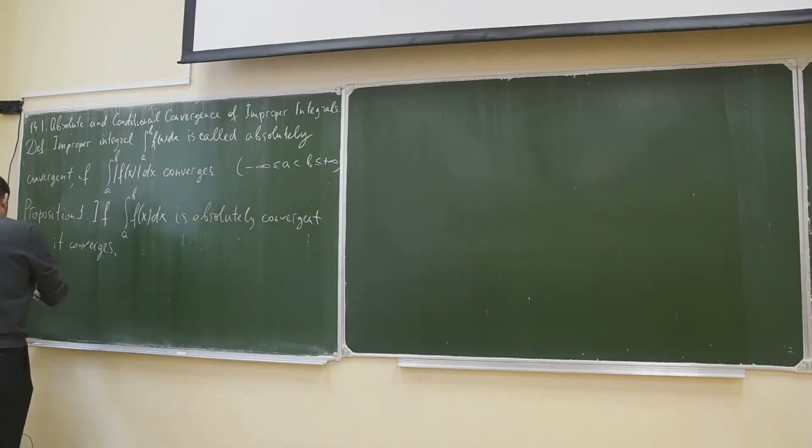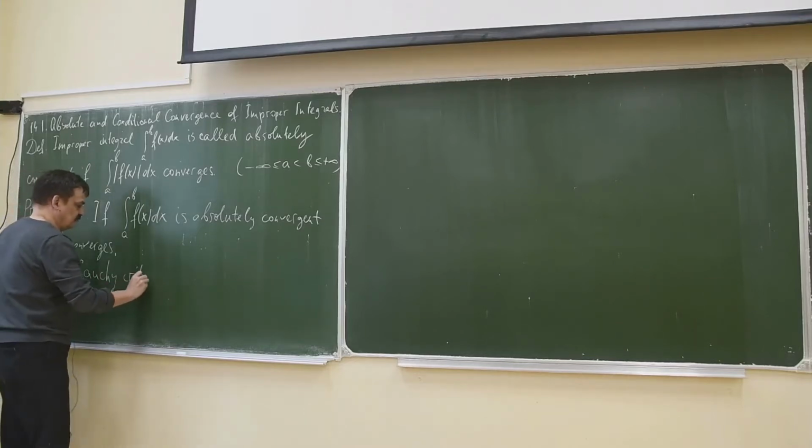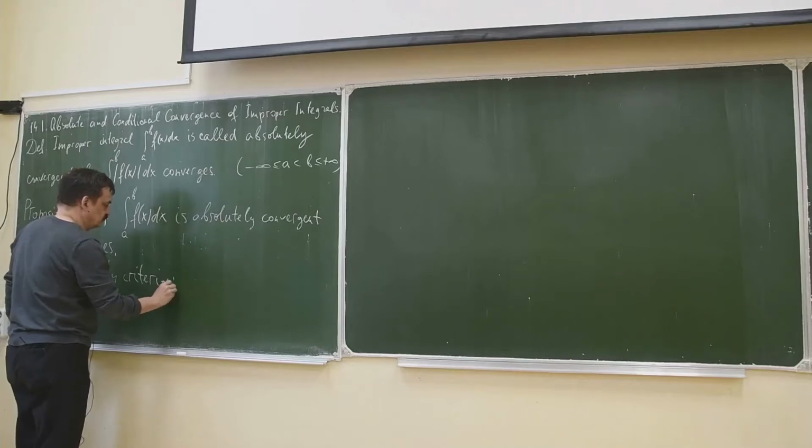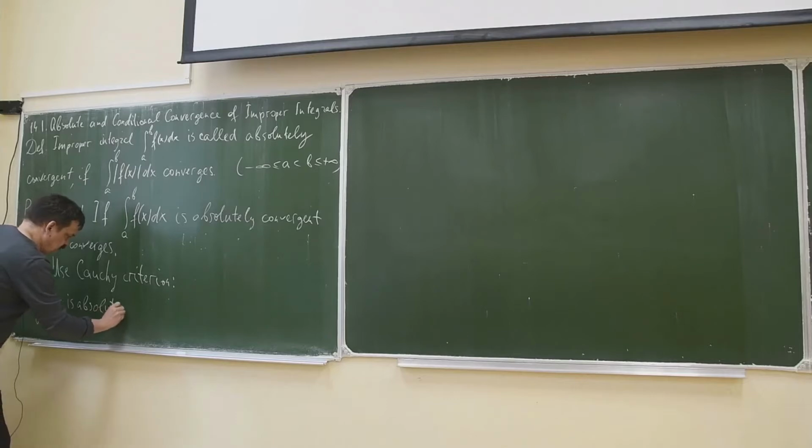And the proof, we use the Cauchy criterion. So once again, let me draw the chain of implications. We start with what we suppose: the integral is absolutely convergent.